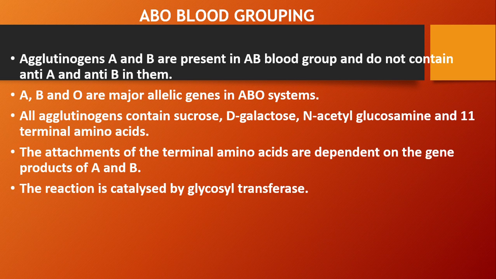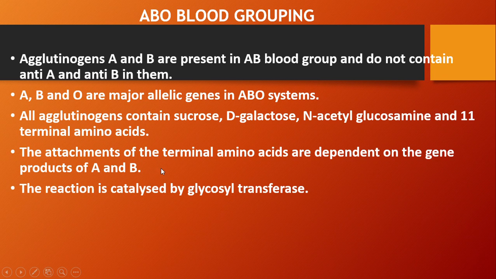Briefly, the information given is very short, but try to understand: terminal amino acids are required so that they can attach galactose or N-acetyl glucosamine to a precursor substance. This precursor substance finally will synthesize antigen A or B. Not much information is given, so just remember what is given in your book.